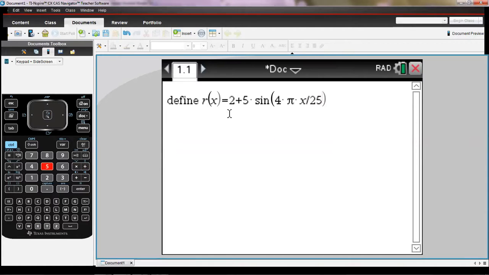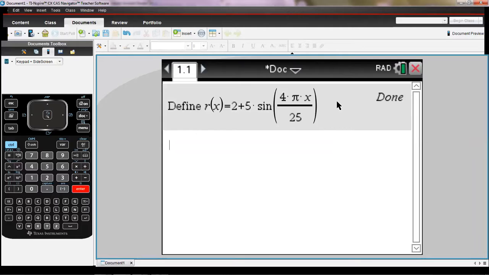If we define the function, we don't have to type it more, just when you have to, okay? So press enter, and this is done. You see your function, 2 plus 5 sine 4 pi x over 25.